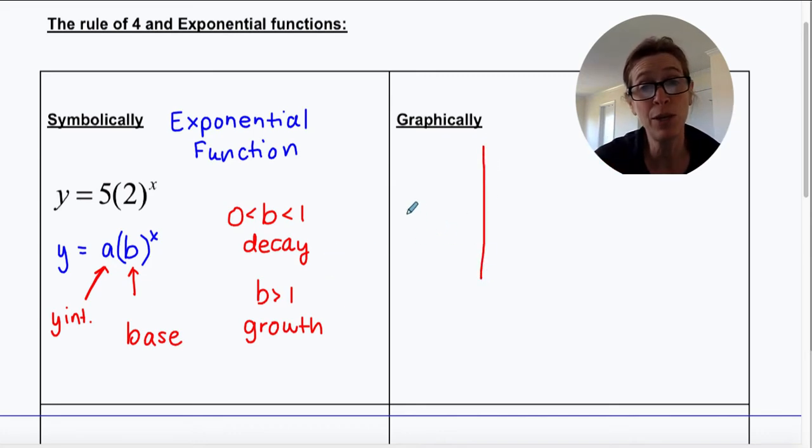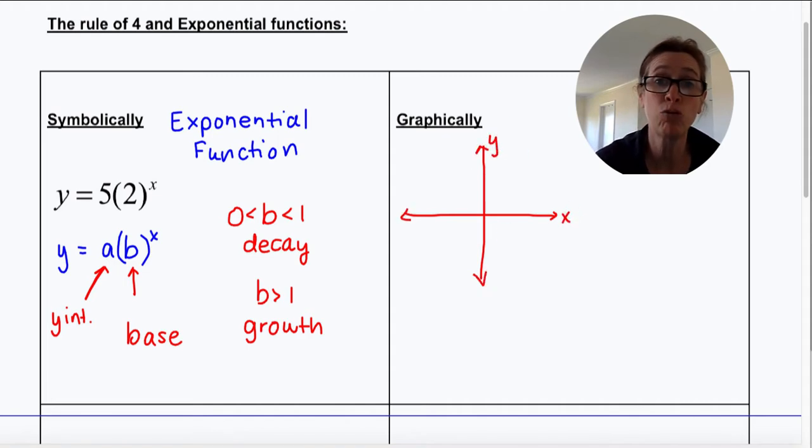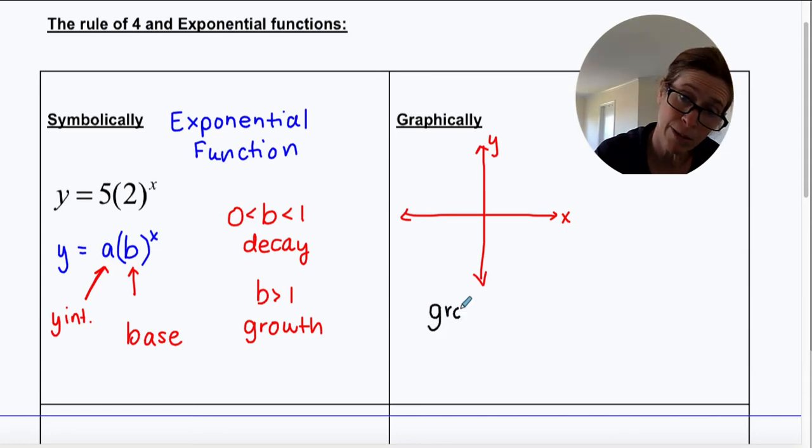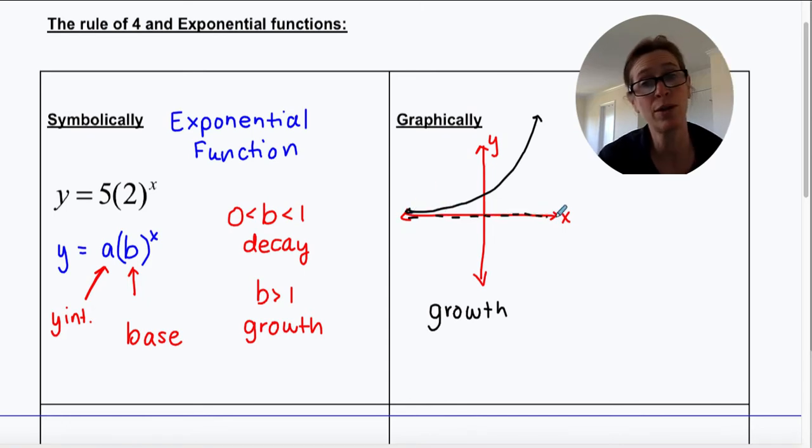So graphically, here's our xy coordinate plane. Growth is going to look like this, something like that, and it's going to have an asymptote going through the x-axis.